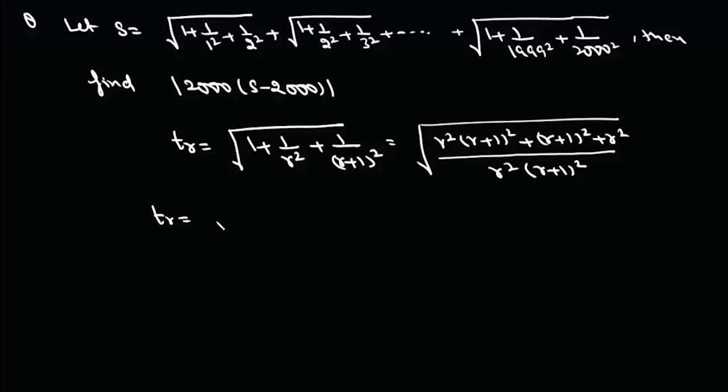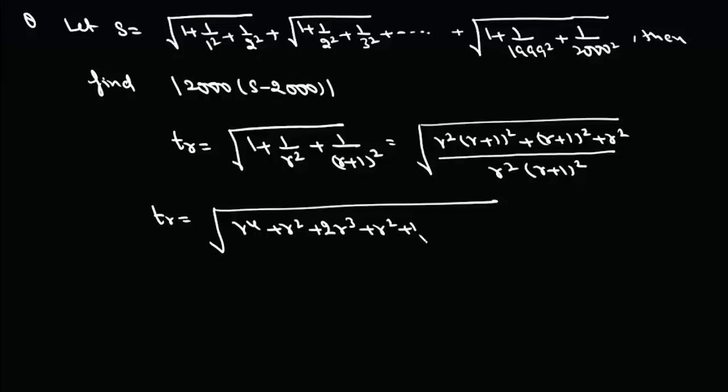We want to simplify this. We can write this as r to the power 4 plus r square plus 2r cube plus r square plus 1 plus 2r plus r square upon r square into r plus 1 whole square.